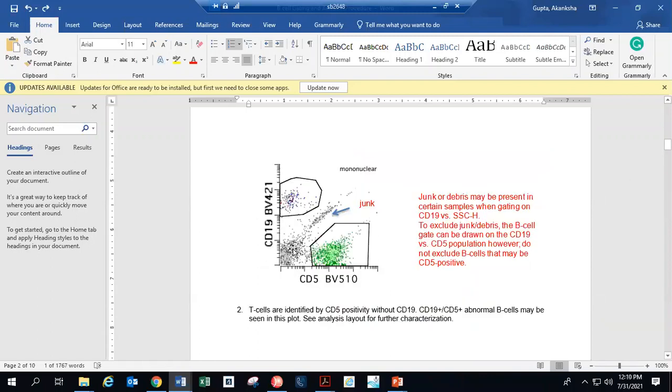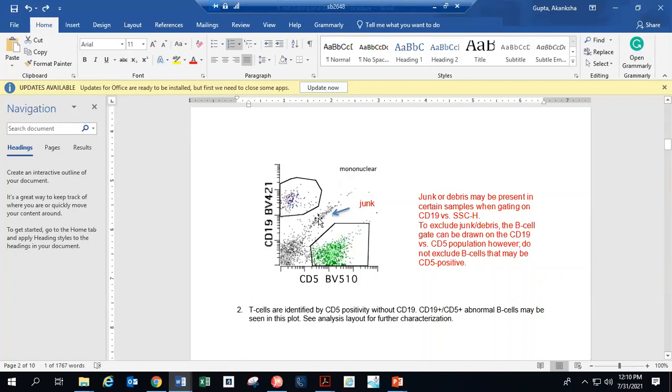So can anyone tell me what this green population is? T cells? Yeah, T cells. So these are the B cells over here. These are the mature B cells, CD5 negative, CD19 positive, and these are the T cells, CD5 positive, CD19 negative.